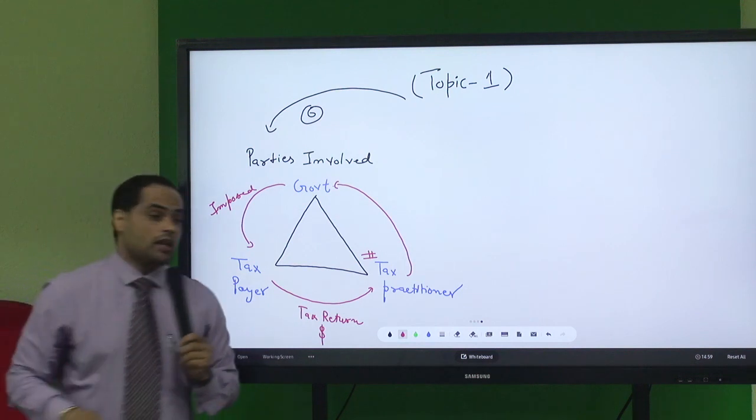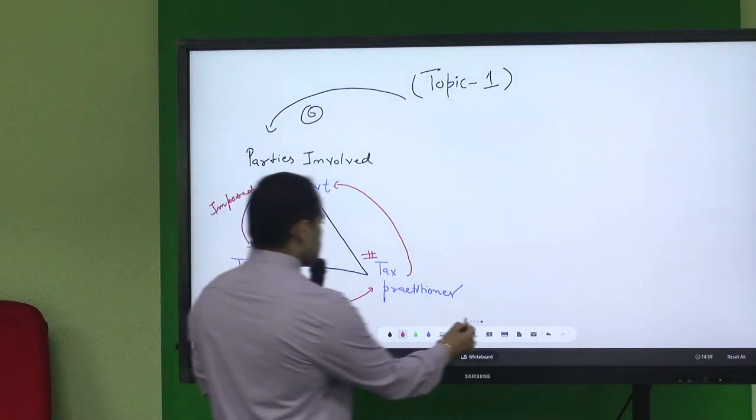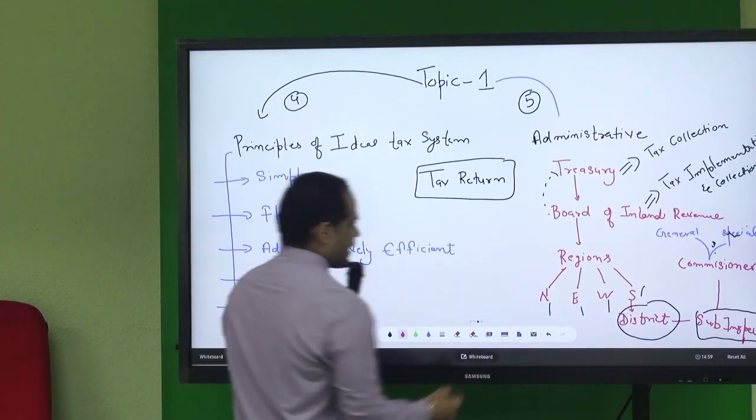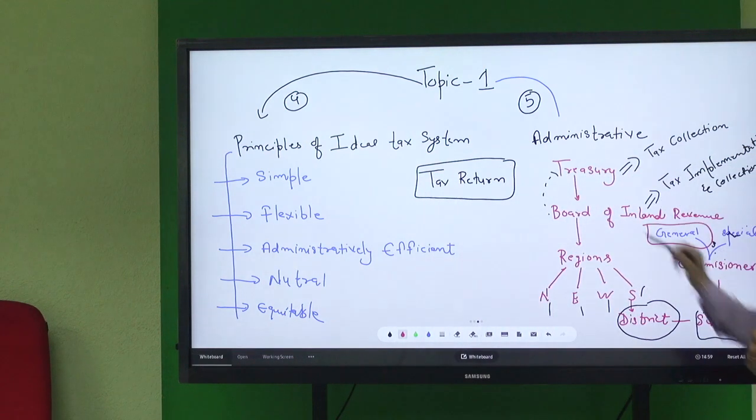But of course, if you do not pay that tax on time to the government, then you're going to have some kinds of penalties, probably charged by the general commissioners that I mentioned before, right?